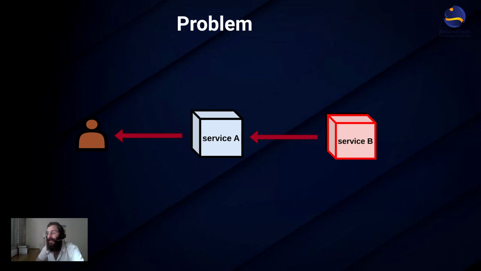So that is the main problem, and the question was, thinking about architecture patterns, how can we resolve this? How can we make sure the instability from service B does not impact the functioning features of service A?